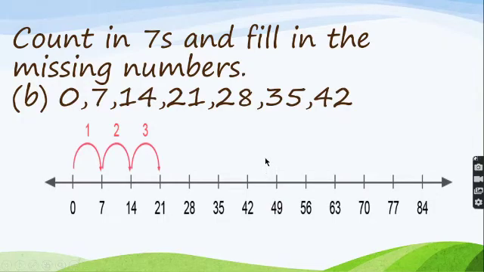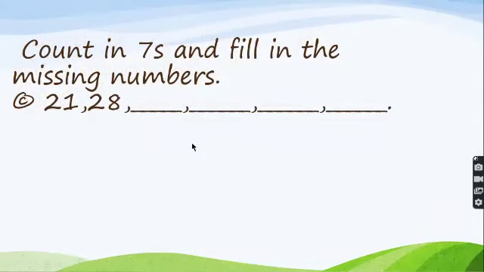Now look at the next example. Here you can see again, count in sevens and fill in the missing numbers. It means now you start from 21, and when you jump from 21, your next number will be 28.